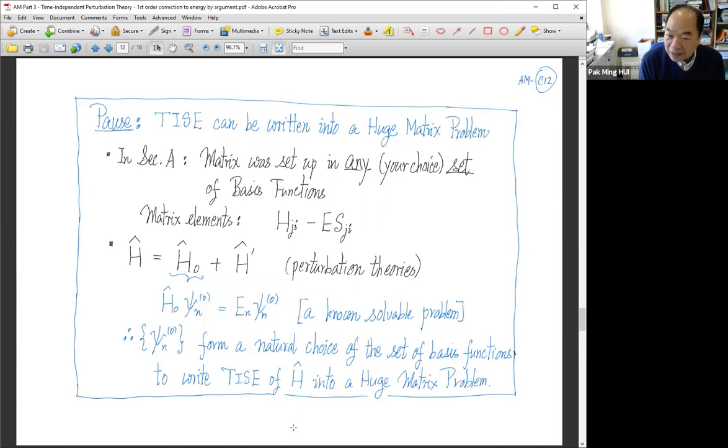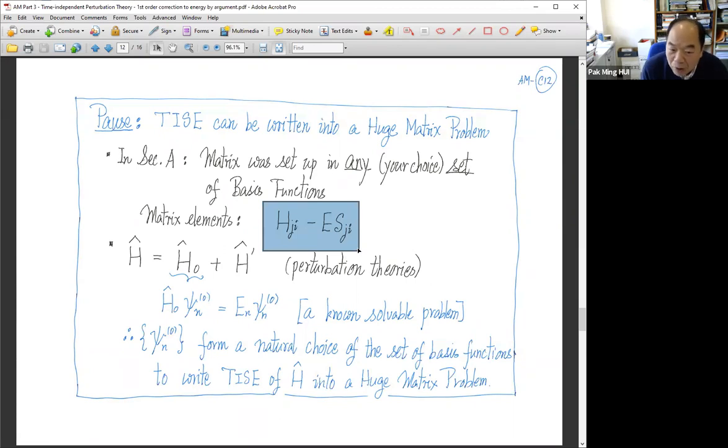Next, take a pause. Let's make connection. In the first thing, last week, we wrote the time-independent Schrödinger equation into a big matrix problem, in which the matrix element is of this form, okay?